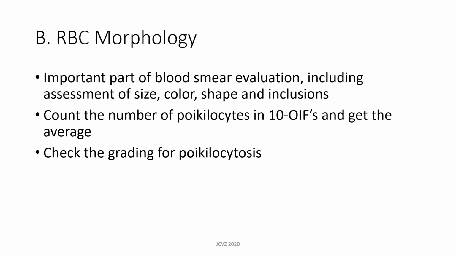Poikilocytes is a scientific term that means abnormally shaped red blood cells. So we have to count the number of abnormally shaped red blood cells in 10 oil immersion fields and get the average. After we get the average of the poikilocytes, we then check for the grading of your poikilocytosis.